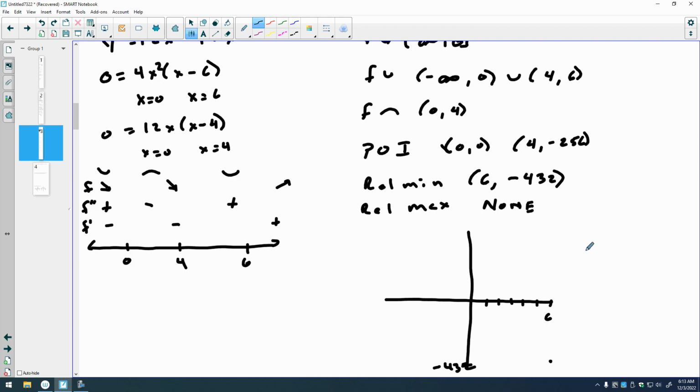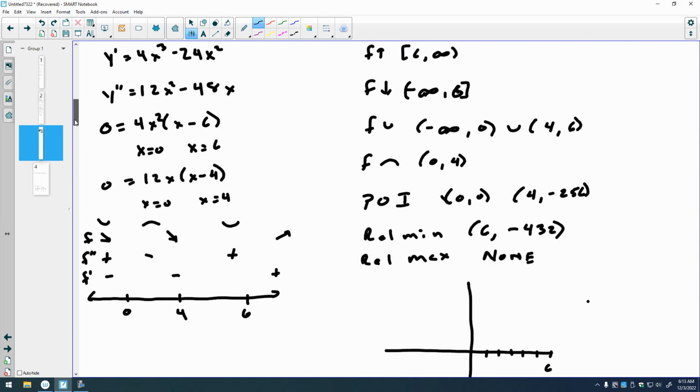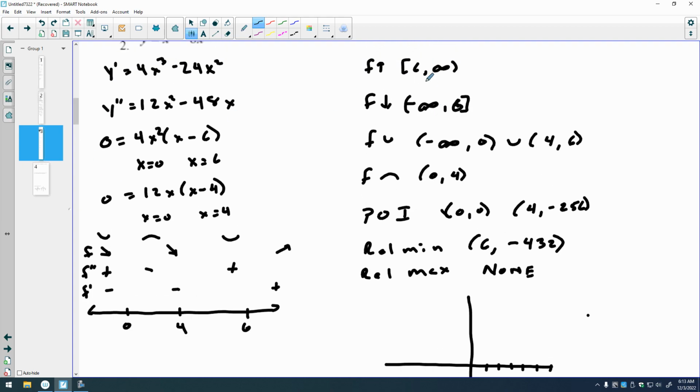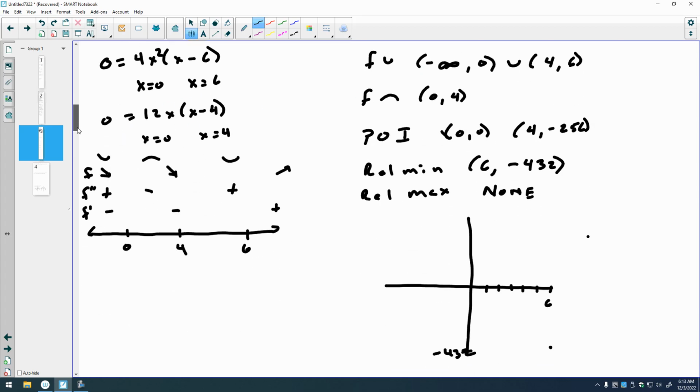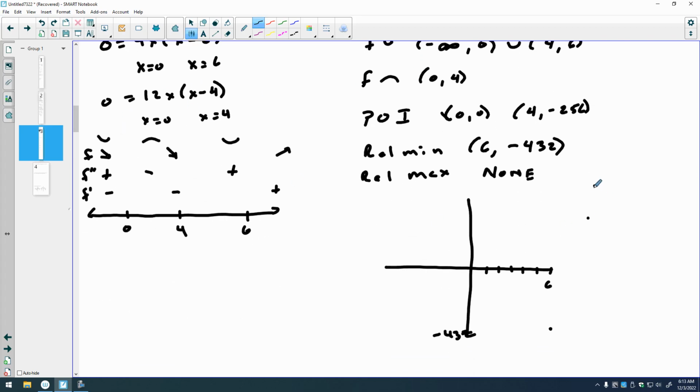So I'm decreasing on this side, right? Or sorry, increasing from 6 to infinity. So it's going to be going like this right here. Turns. And then what happens at 0, 0? It didn't switch signs, so it's going to be a plateau point.